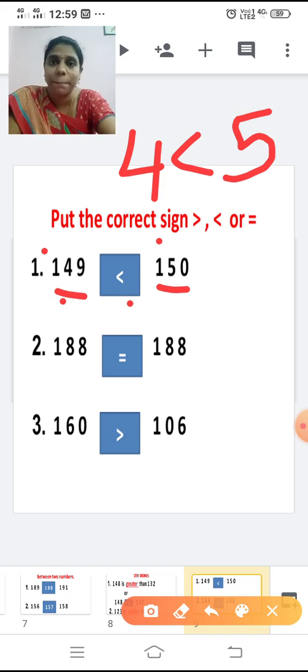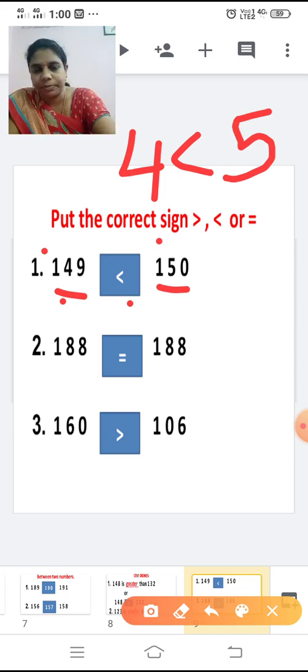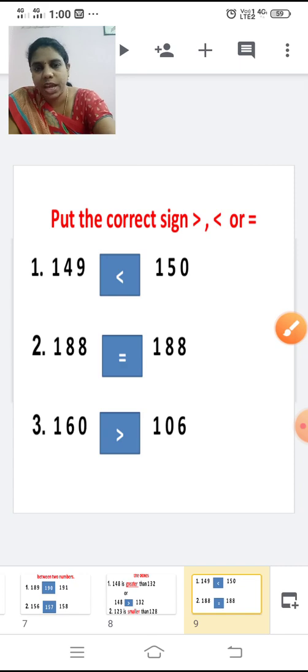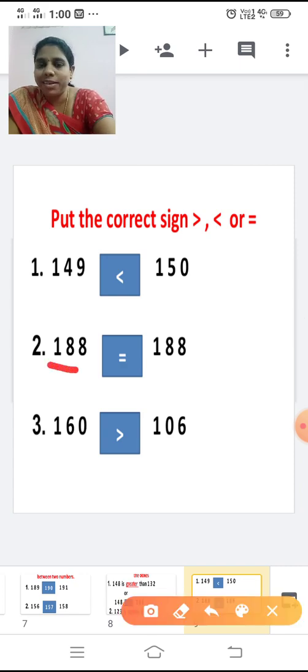Understood, children? How will you compare the numbers? First you have to see the digit at the hundreds place. Then if the digits are same, then compare the tens place. Now second one, 188 and 188. Now we are going to compare between these two numbers.